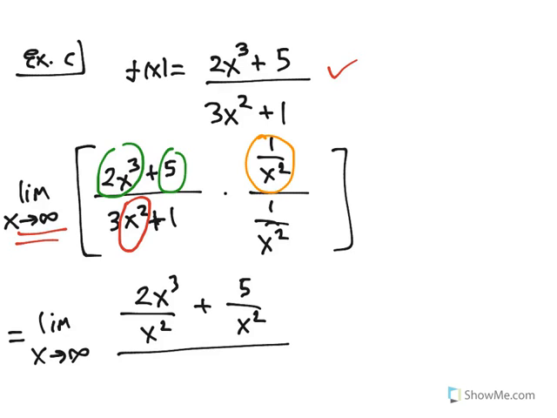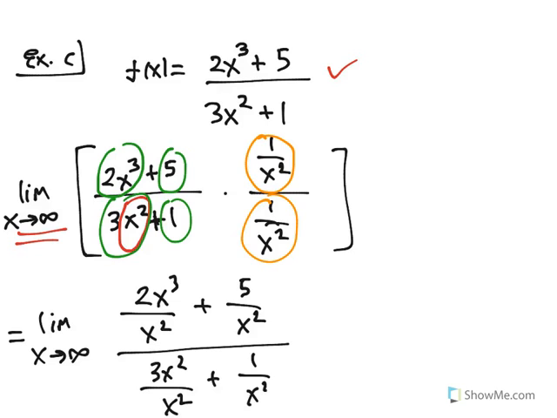And then in the denominator, multiply 3x squared by 1 over x squared, and then multiply 1 by 1 over x squared. And when you do that, you get 3x squared over x squared plus 1 over x squared. So now you can do some simplification. So you have x cubed divided by x squared. So when you cancel common factors, that will just leave you with 2x.